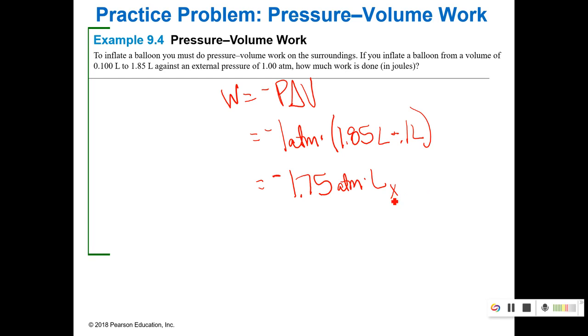And then it does want us to convert to joules. In 1 atmosphere a liter, it said there's 101.3 joules.